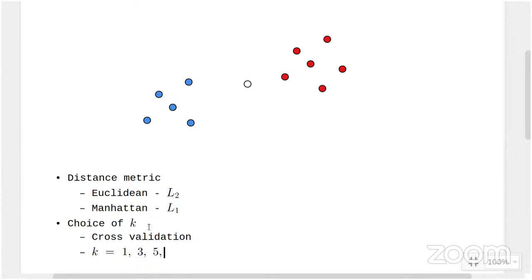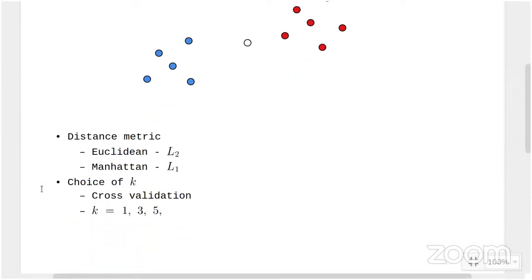There will be some trade-off. You will see that the misclassification rate keeps going down, and say probably for k equal to 5 it hits the lowest value, and from then on it starts increasing. So what you would say is, okay, the choice of k for this data set is 5. That is how you'll choose k.